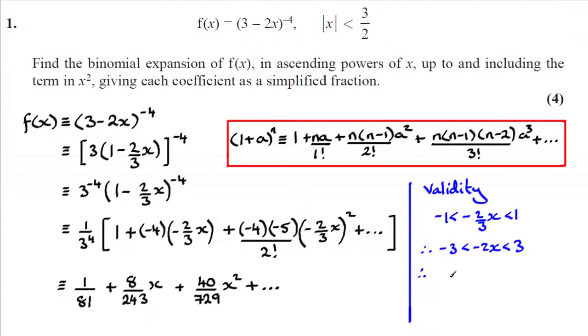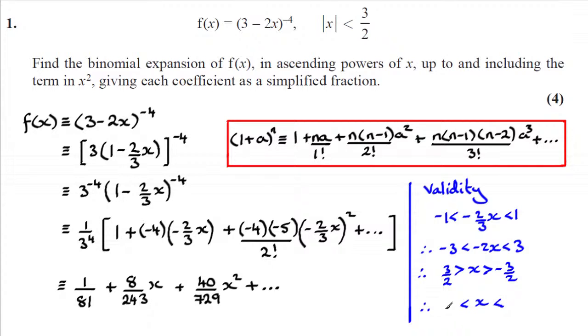So this is going to be 3/2 is greater than x, which in turn is greater than -3/2. That doesn't look good, so you best change this all the way around so that you're working in ascending values.